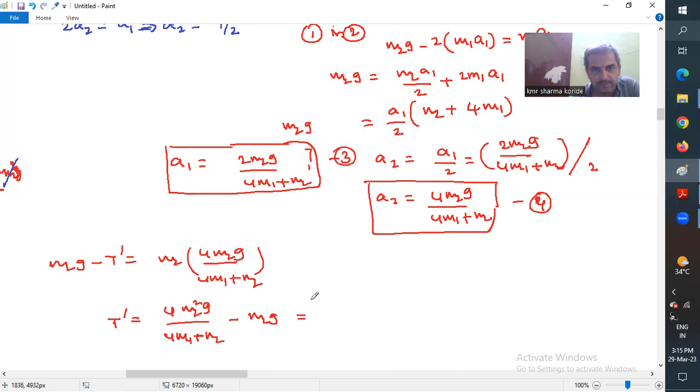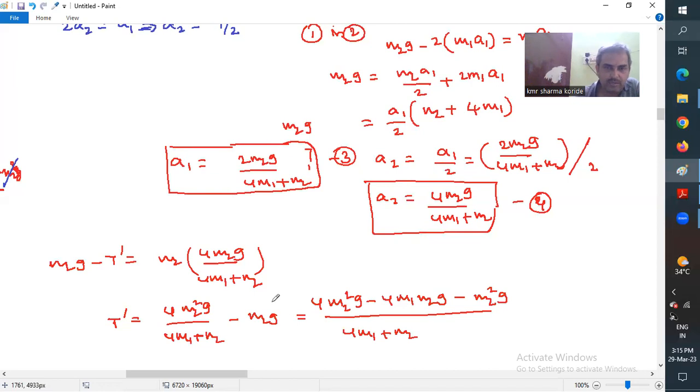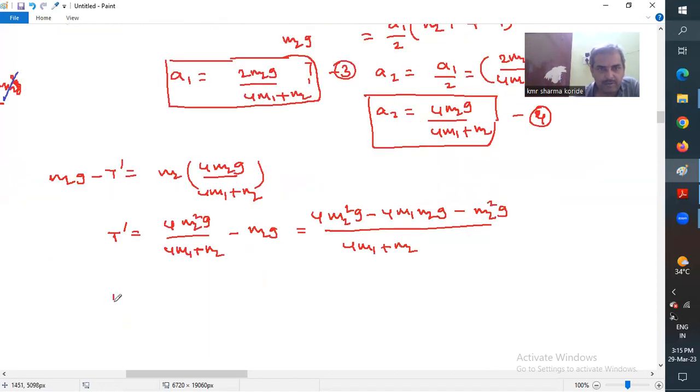So this is going to be 4m2 square g minus 4m1m2g minus m2 square g, whole divided by 4m1 plus m2. So this is how to get T dash. T dash is equal to 2T. So half of this particular term will be T.